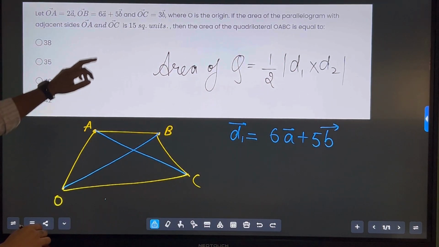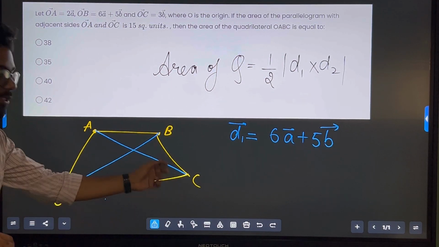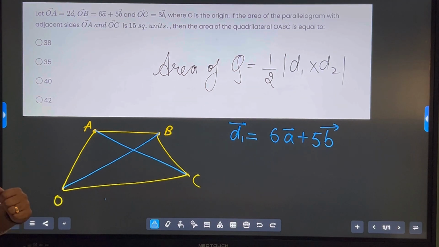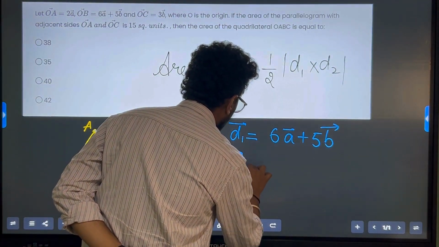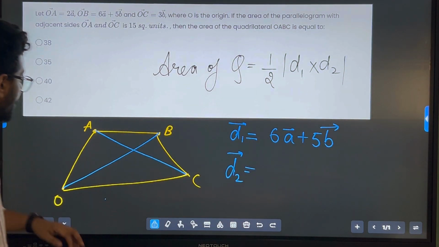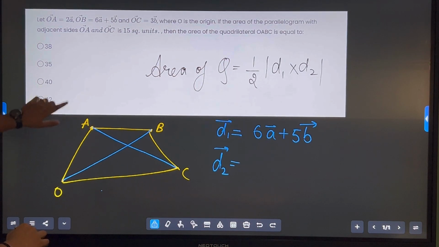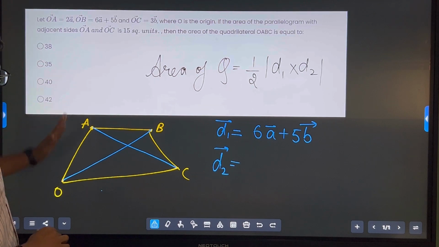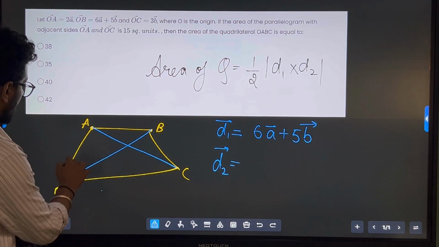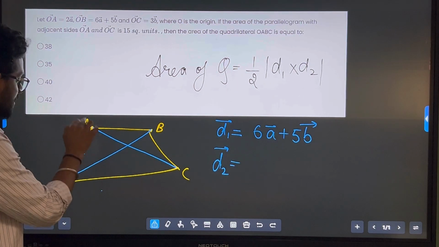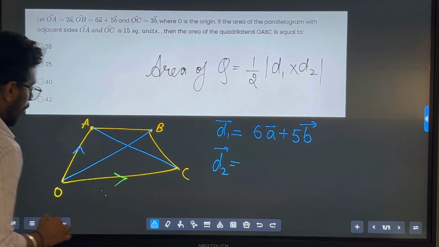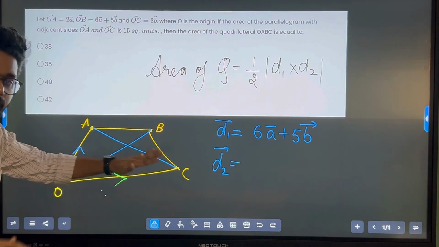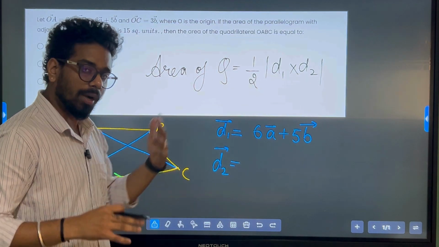All right. Now we want the OC vector. The question is how you will calculate it. Guys, here we will use the vector addition law. OA is given, OC is given. O to A is given and O to C is also given. What is vector addition?